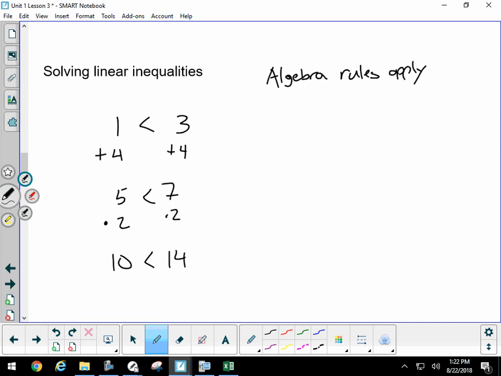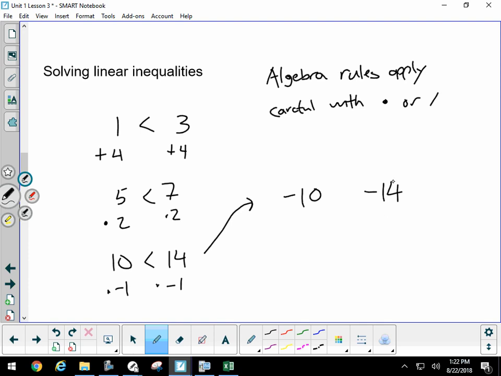Except for one thing. We have to be careful with multiplication and division. If I multiplied by a negative, let's just take -1. Okay, watch what happens. This turns into -10, and this turns into -14.